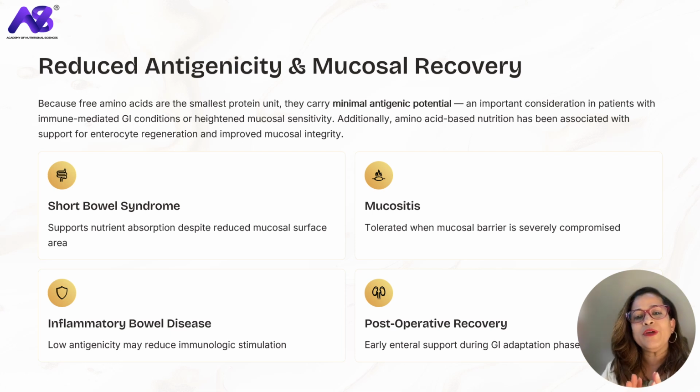These free amino acids, the small protein units, carry minimal antigenic potential. That is an important characteristic when you consider patients with immune-mediated GI conditions or heightened mucosal sensitivity. These amino acids support enterocyte regeneration and improve mucosal integrity. So, what is antigenicity?